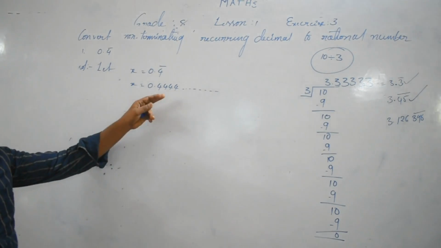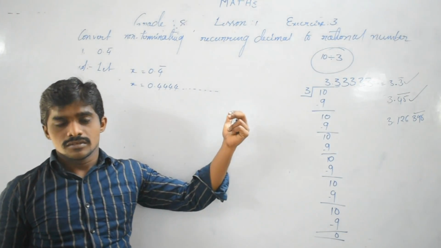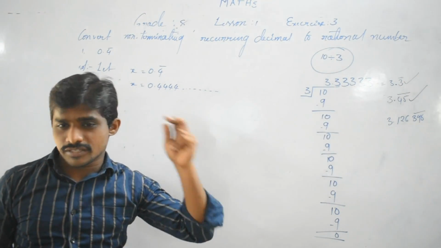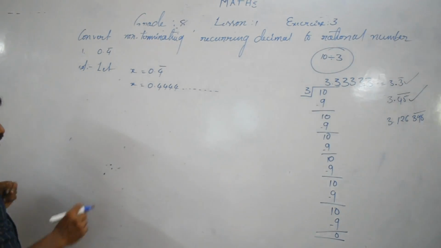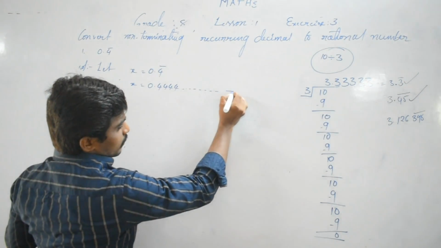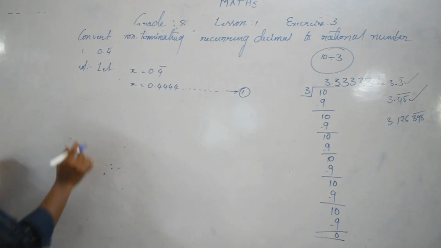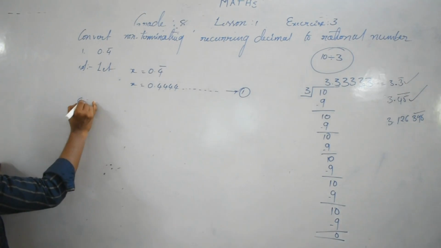Now clear? You write so many 4s; you can write 3 or 4 or 5, 6, your wish. So like this, this is equation 1, or part 1. Now see equation 1.